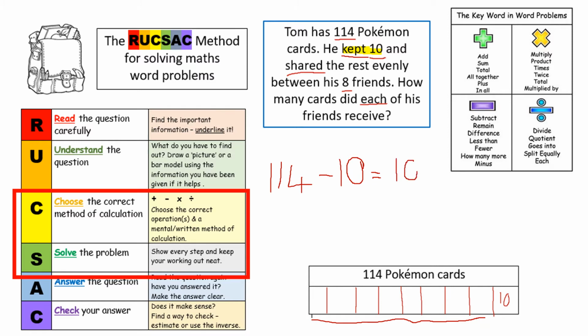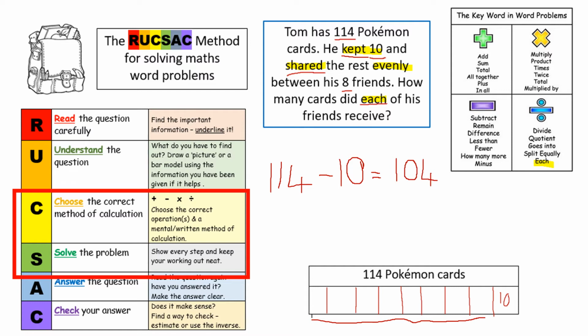It's only going to be the tens column which is changing. My answer is 104. It then says that he shared the rest evenly between his 8 friends. Those words imply that I now need to divide.